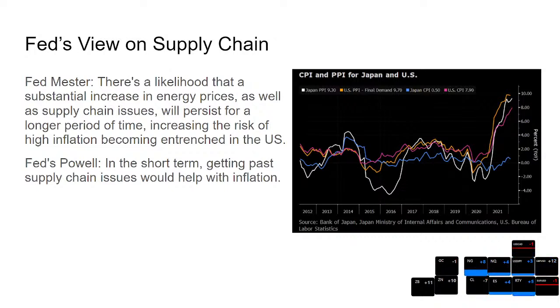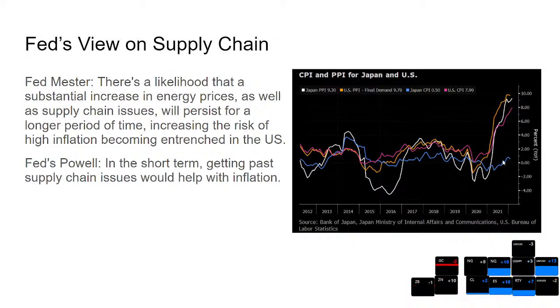That spells a very hot inflation environment for that economy. Compared to Japan, even though Japan's PPI is quite high at 9.3%, a lot of those prices being paid by those producers and the businesses buying from them isn't being passed on really to consumers.